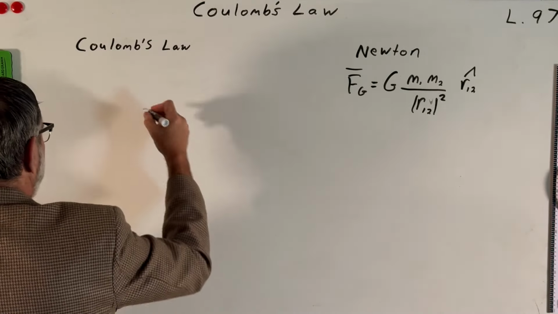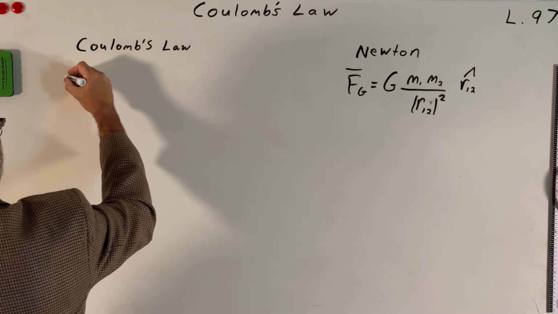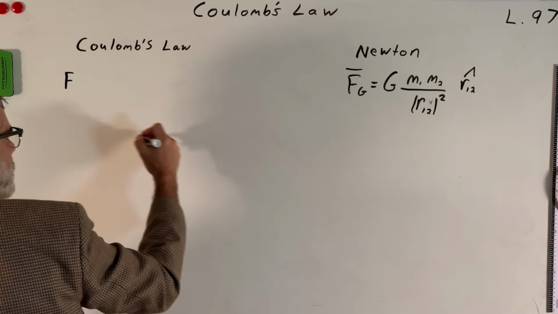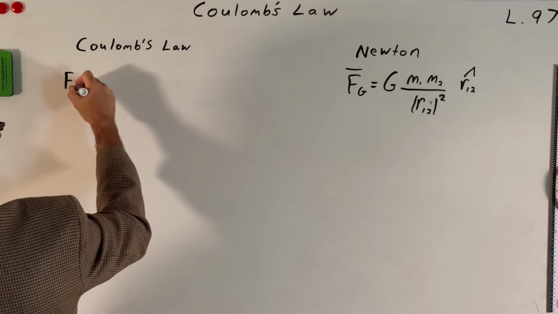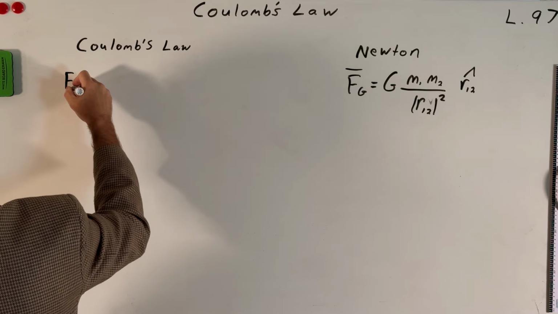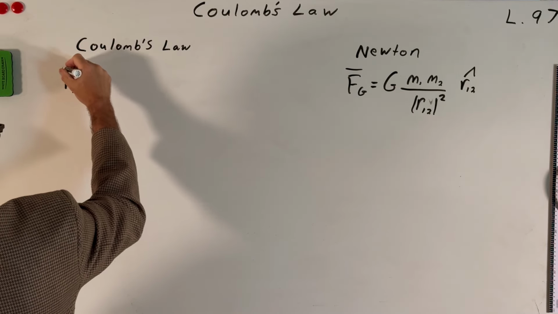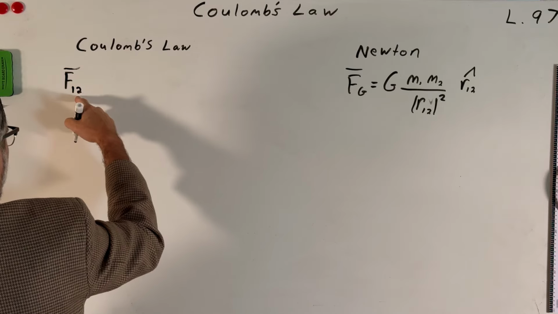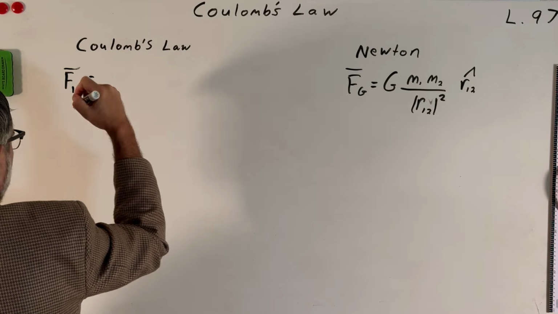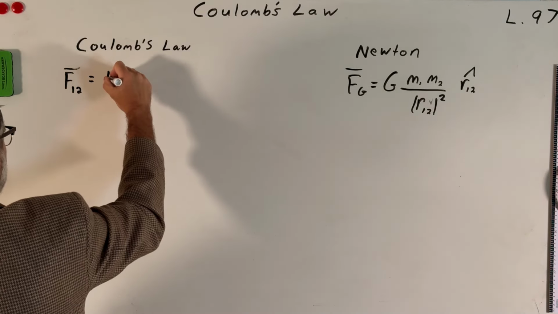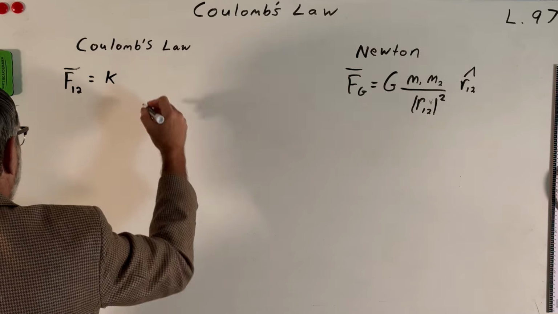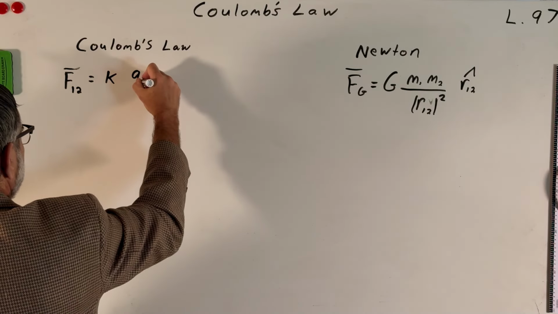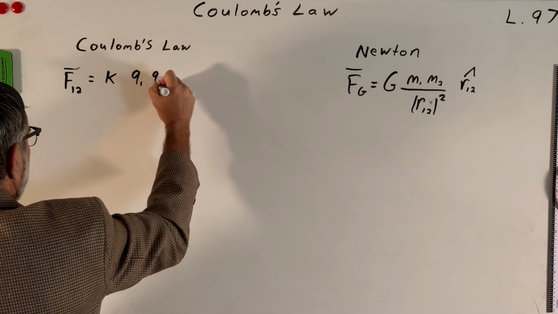So let me write down Coulomb's law. I'm going to write it like this. Here I wrote F_G, I'll just write F. It's also a vector. The force between body 1 and 2, or 1 acting on 2, rather, is a constant. We'll call it K, times the charge of 1 times the charge of 2.